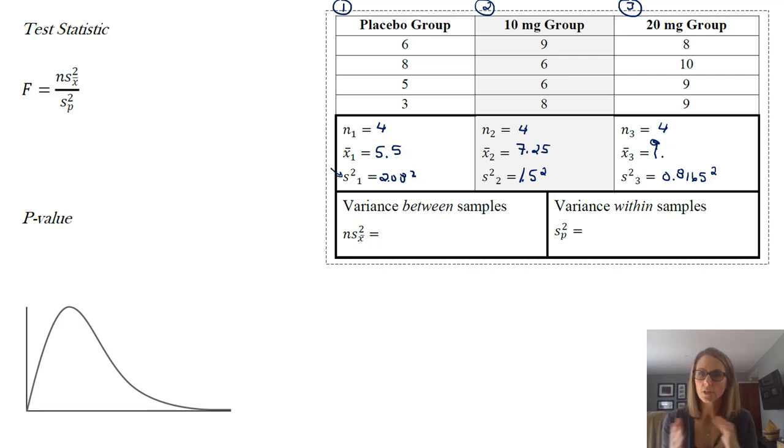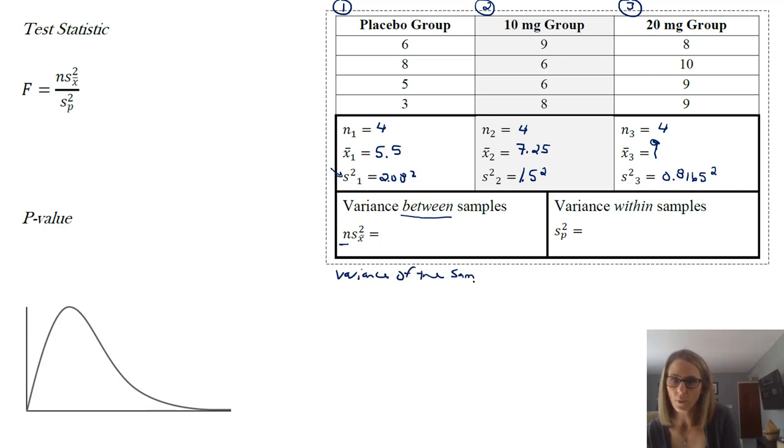But the idea is just to think about our test determining how far apart those values are. The variance between the samples comes from your n times the variance of the sample means.